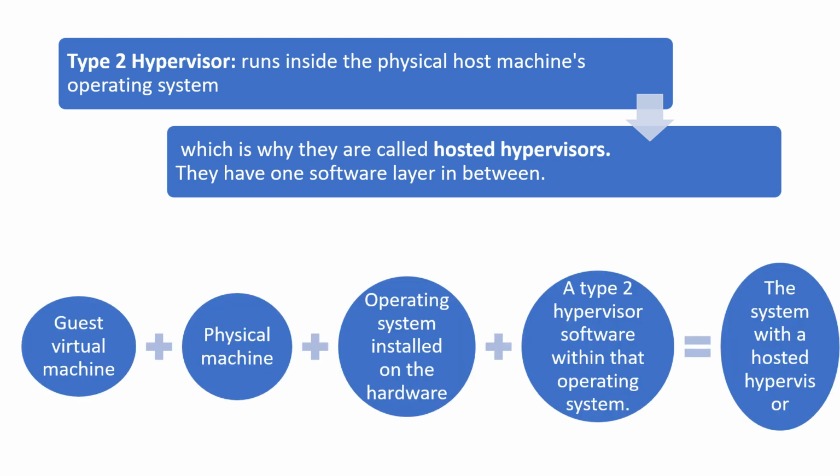A system with a hosted hypervisor contains the following: guest virtual machine instances, a physical machine, an operating system installed on the hardware, and type 2 hypervisor software within that operating system. So type 2 is installed within the host machine's operating system. These four things constitute a system with a hosted hypervisor.